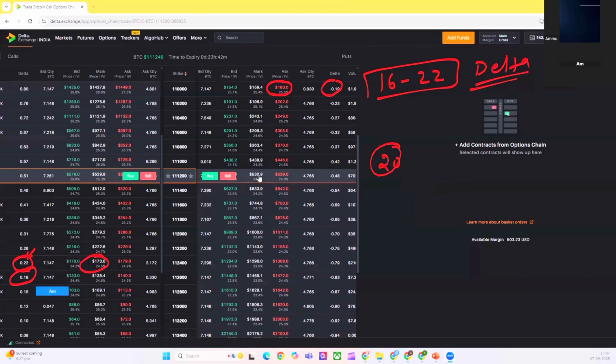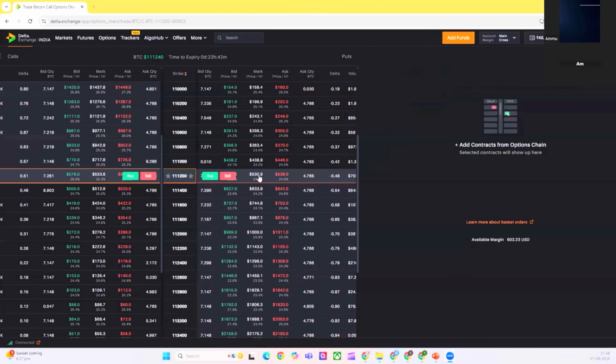So here either I can go with 18 delta or I can go with 22 delta. Similarly, here also I can go with 19 delta or I can go with 23 delta, and any of this I can go with. So my point is, I will select approximately 20 delta call and similarly approximately 20 delta put, and both of them I will be selling. Clear?